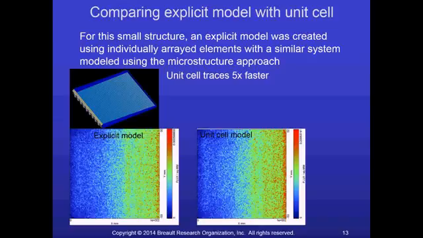But of course, what you probably also want to see is how does it work in the real world, if you will. And what I'd like to close with then is just show you a couple of comparisons of models where the microstructure can appropriately be used, but also with systems that we could actually ray trace explicitly.